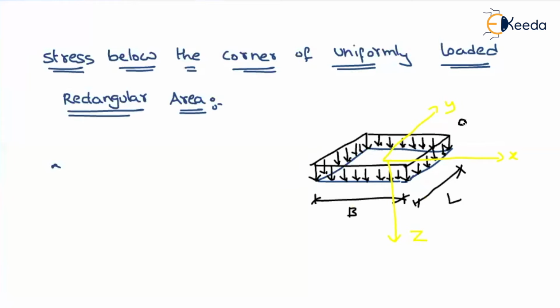Let us say the intensity is q, as it is distributed throughout the area. The unit is kilonewton per meter square, or newtons per meter square.